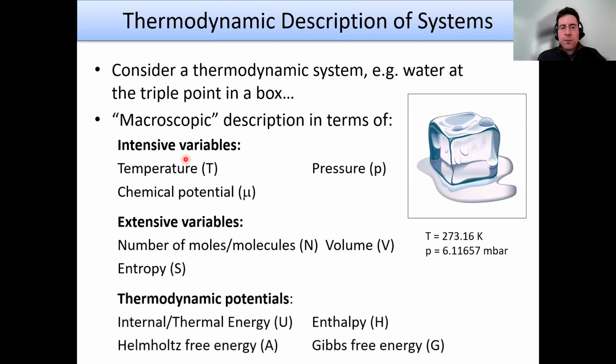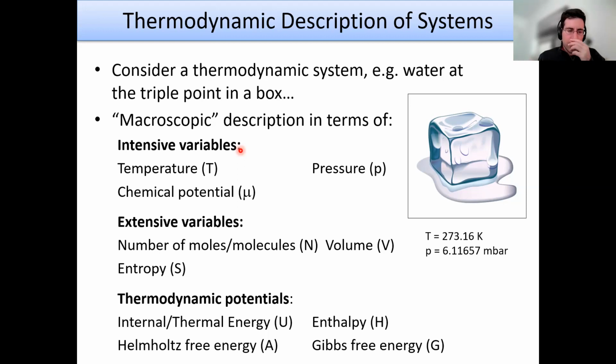And the idea is to find equations that relate these intensive and extensive variables with thermodynamic potentials like internal thermal energy, the enthalpy of the system, Helmholtz free energy, and Gibbs free energy. So you might remember that intensive variables are variables that don't change, right?